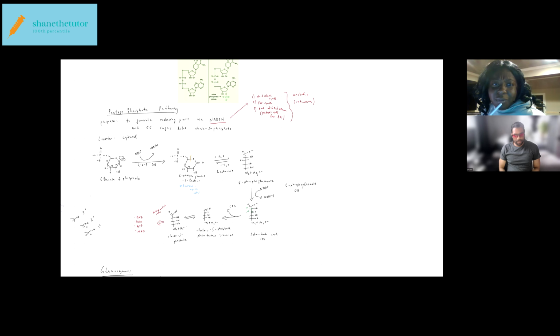So yeah, there's going to be beta oxidation. And then you don't need to know it as much, but just the basics of glycogenesis, the making of glycogen, which is just glucose polymerization.